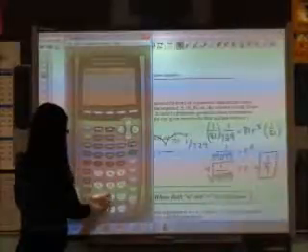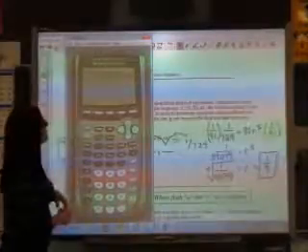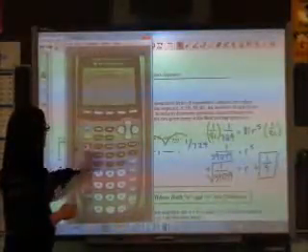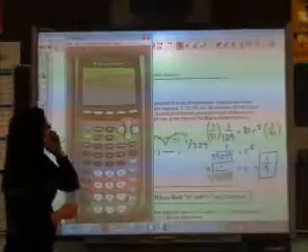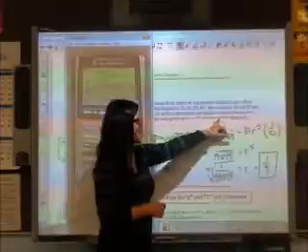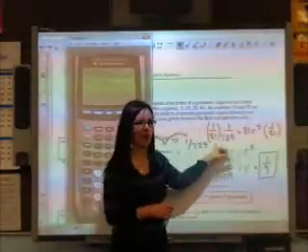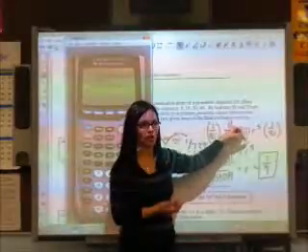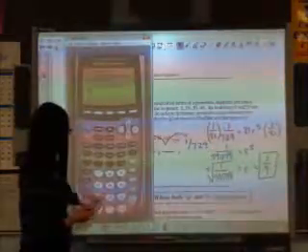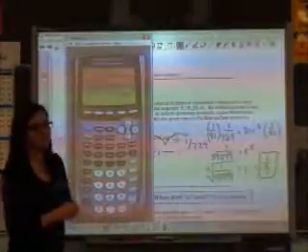So 1 divided by 729 divided by 81. Even if you multiply it by 1 over 81, you still get the same thing. That's why I showed you this part, because if I'm multiplying fractions, 1 times 1 is 1, and then I would just multiply the 81 and the 729 separately.